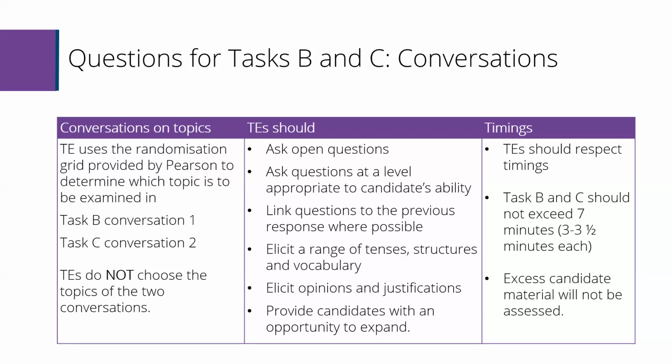If you've got a weaker candidate, they may need to have lots of simple factual questions. And that's okay, because what we're wanting to do is to maintain the candidate's confidence through the two parts of the conversation, to demonstrate their performance.